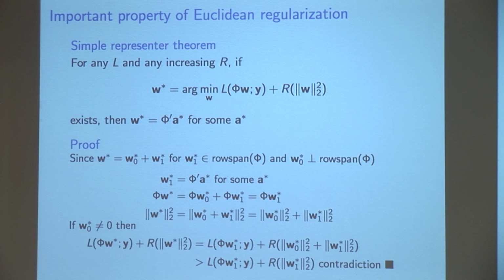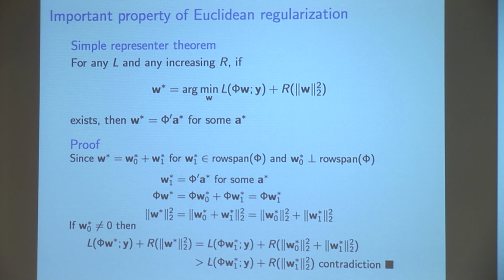Okay, here's the important thing about Euclidean regularization: the representer theorem. Now, this isn't the representer theorem in big, bold letters. This is a very simple property. In fact, it's a trivial consequence of linear algebra that leads to the power that we're going to pull out of this. So take any loss function. It doesn't even have to be convex. In fact, the loss function is not important. Just some function, okay?